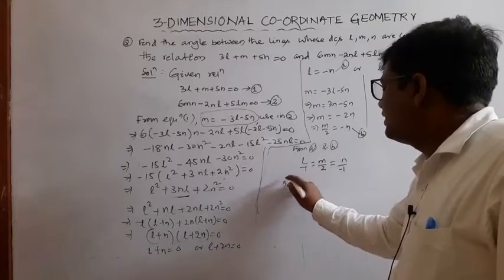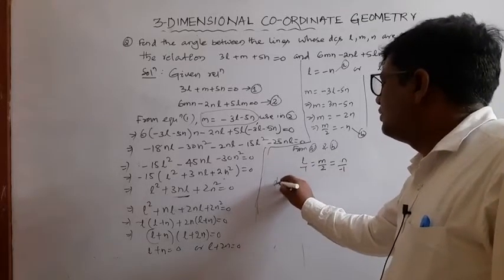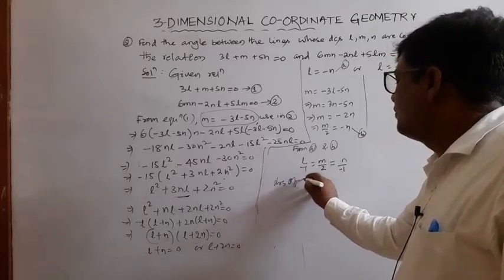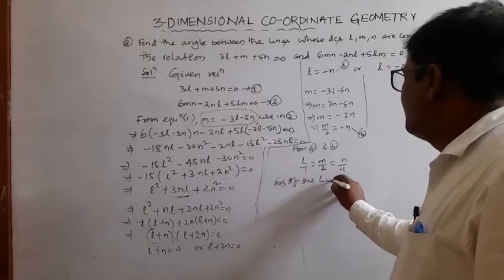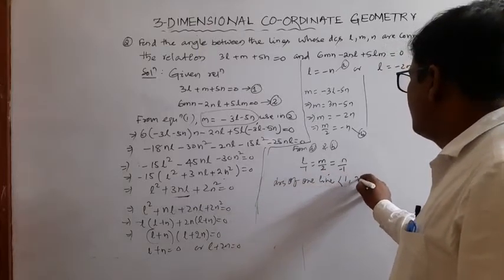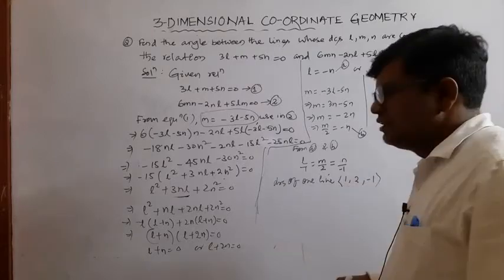So the DRs of one line are 1, 2, minus 1.